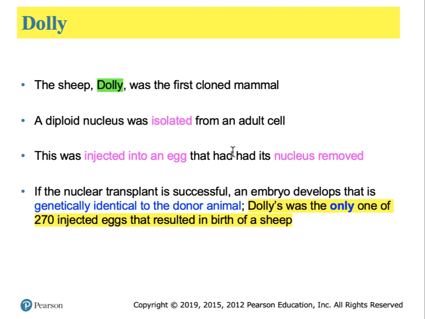Then shocking that egg using electric current, initiating development, and then transplanting the developing embryo into a surrogate animal. Dolly did live a normal, healthy life, but it took 270 tries before Dolly was actually confirmed as a pregnancy.